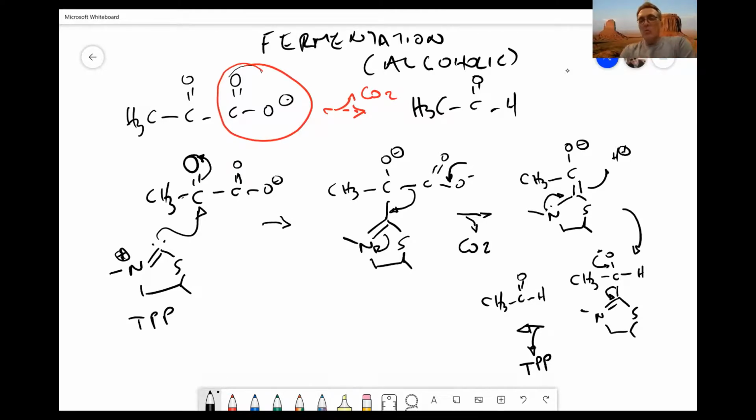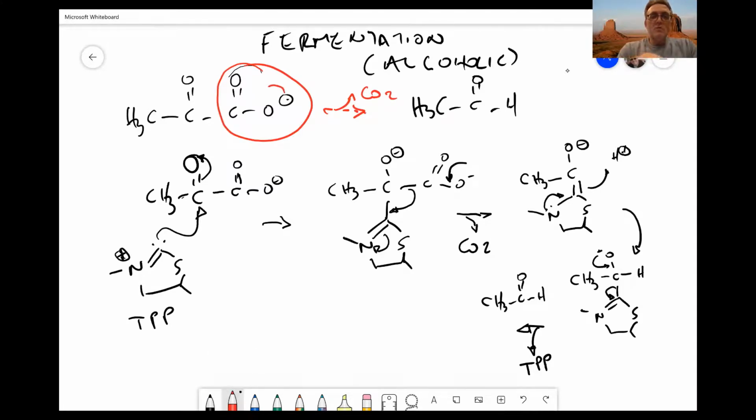And the point of going through this is to illustrate that for decarboxylations, we have to make sure that we can help the electrons to bounce around. When these electrons come here on their own, then we have a carbanion.